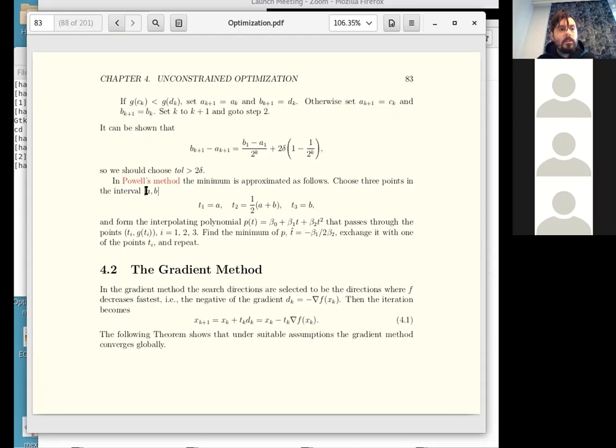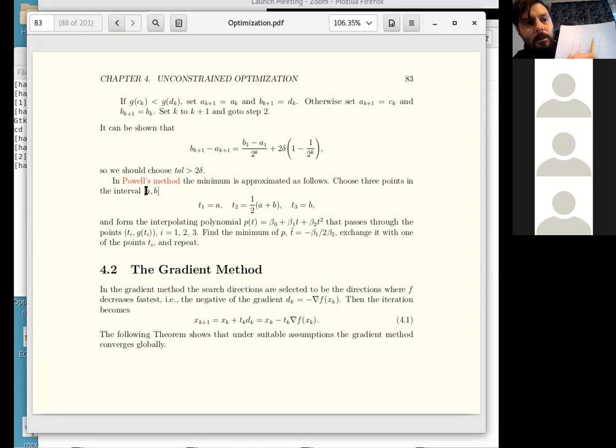And now you're just looking at which one of these is smaller. If the function at CK is smaller than at DK, then you move BK to the right.